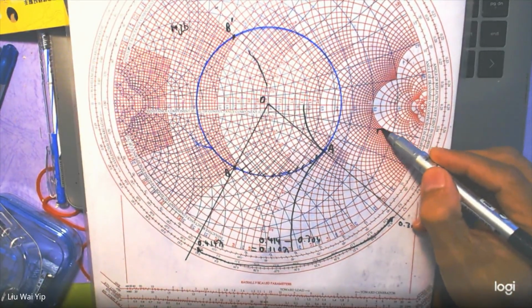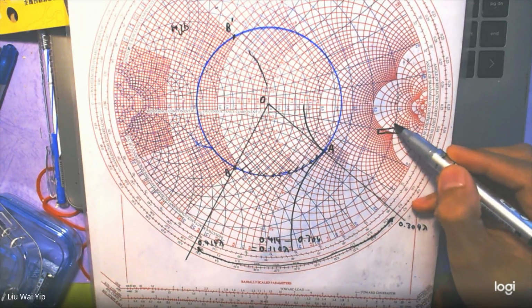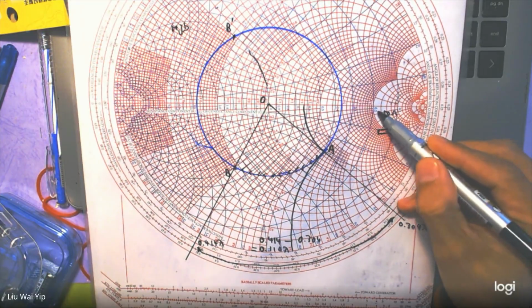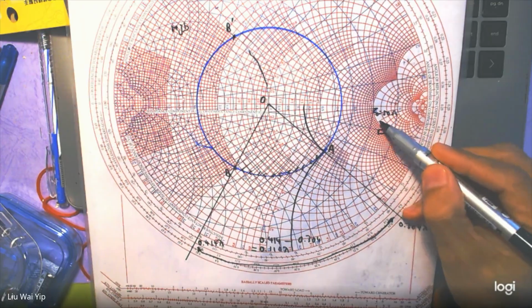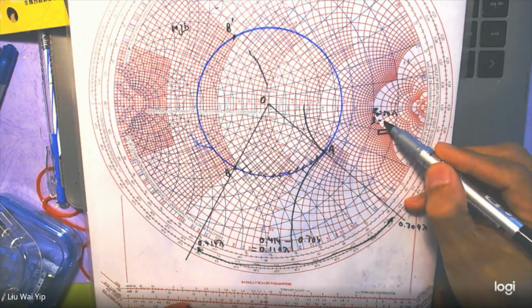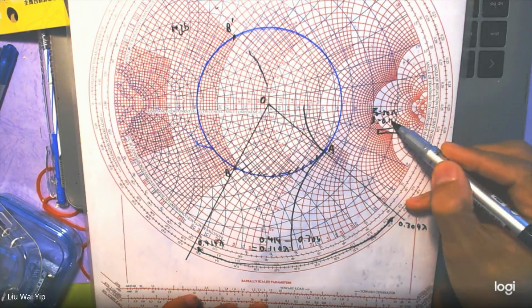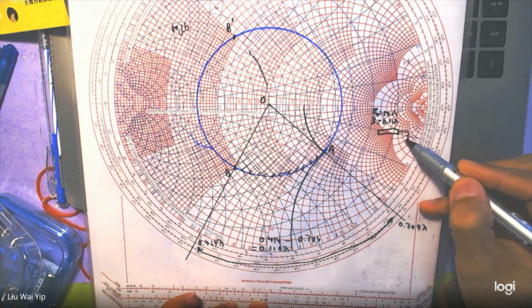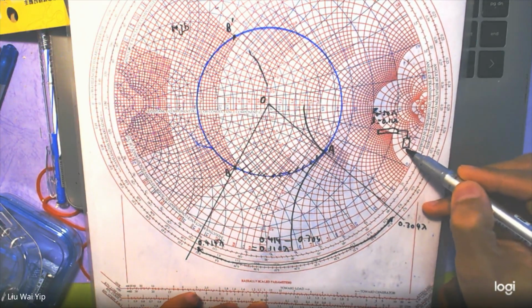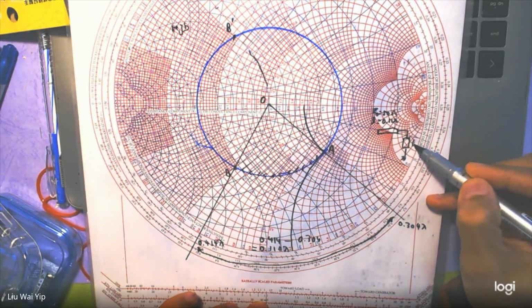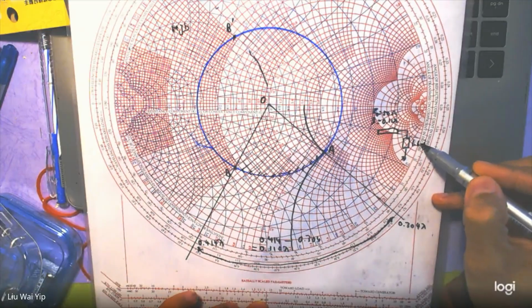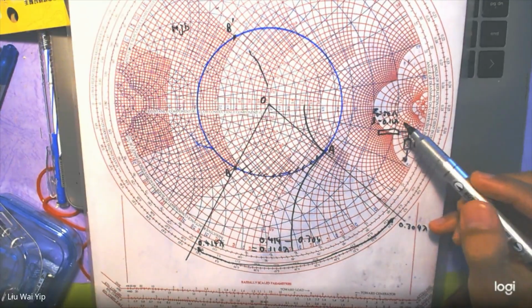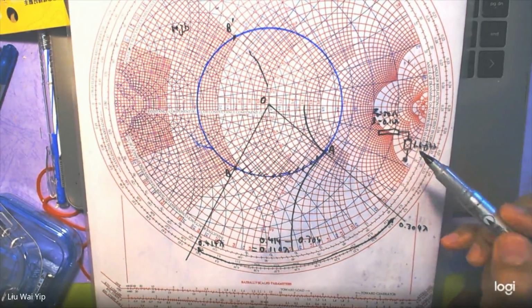Suppose this is the 50 ohm transmission line, the length here is 0.11 lambda, and the load here is 1.6 minus j1.2.